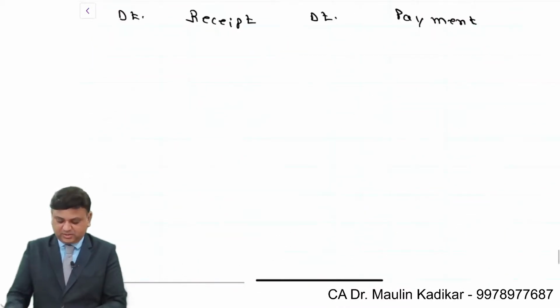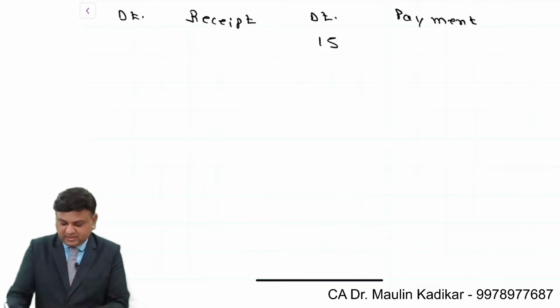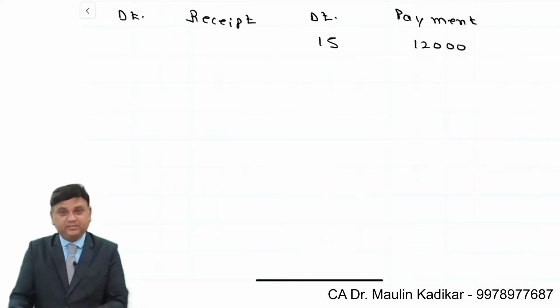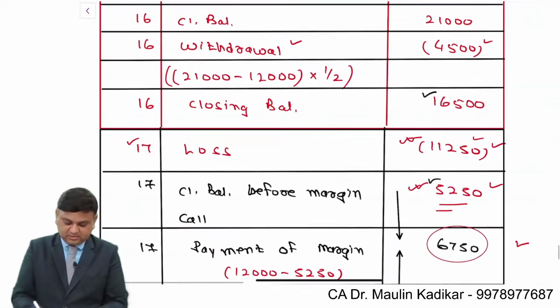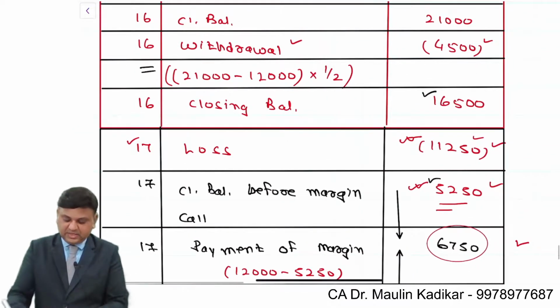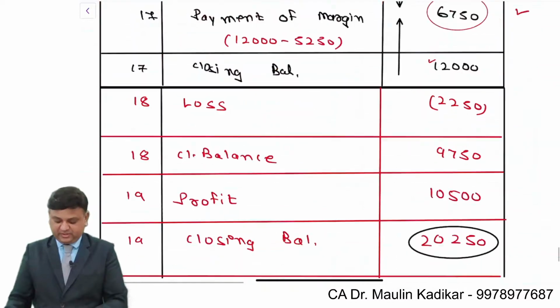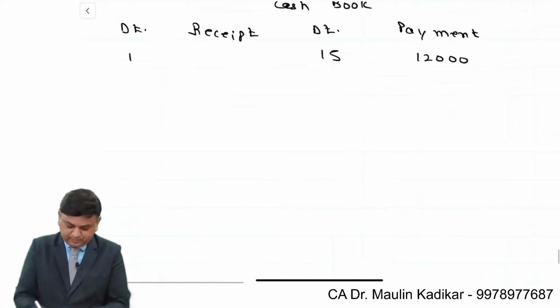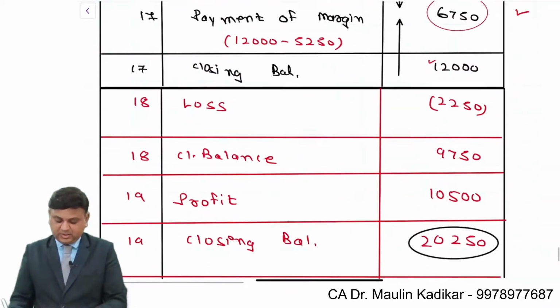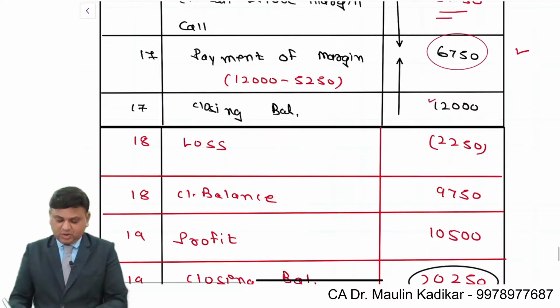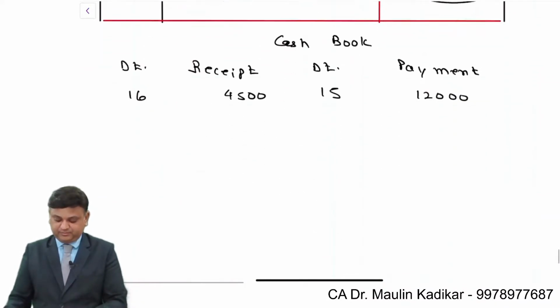So on 15th, 12,000 is the payment. On 16th, there is a withdrawal of 4,500. So on 16th, there is a receipt of 4,500. Then on 17th, there is a payment of margin 6750.